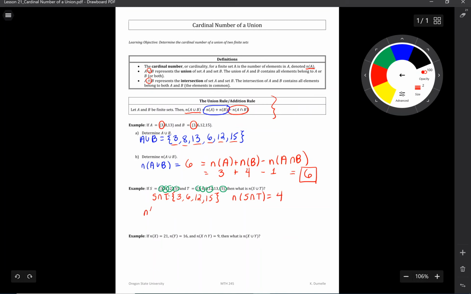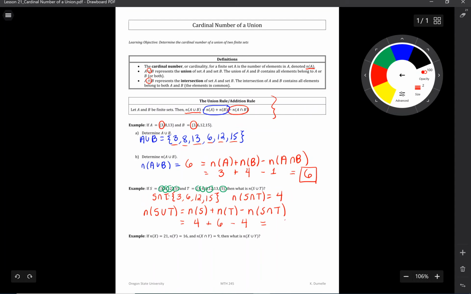Then the number of elements in S union T is the number of elements in S plus the number of elements in T minus the number of elements in S intersect T. S has 4 elements: 3, 6, 12, 15. T has 1, 2, 3, 4, 5, 6 elements, and they have 4 elements in common.